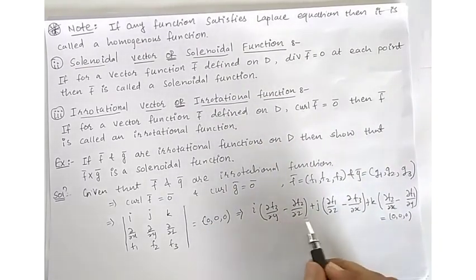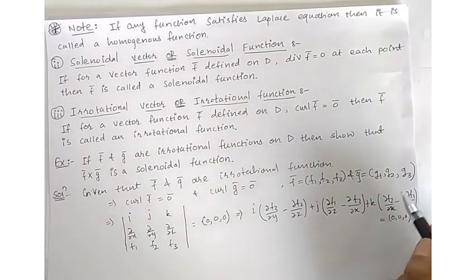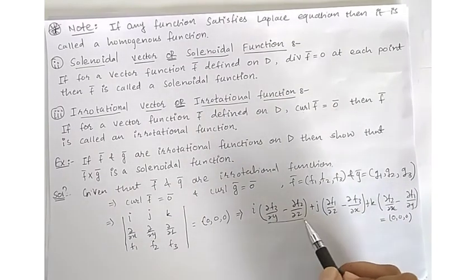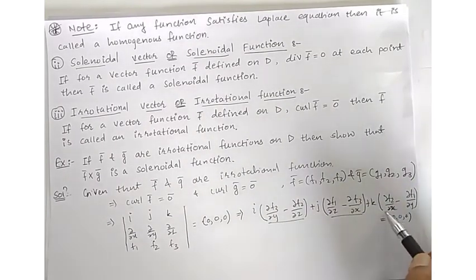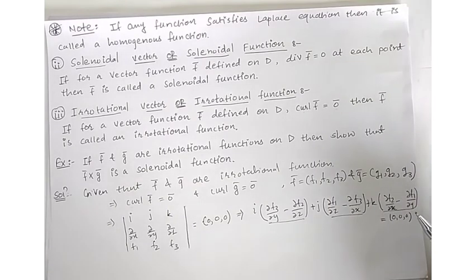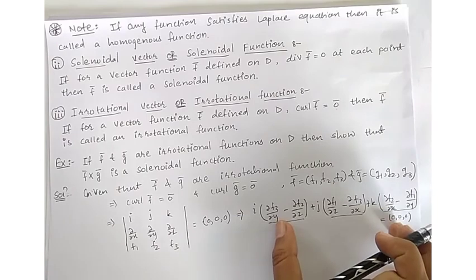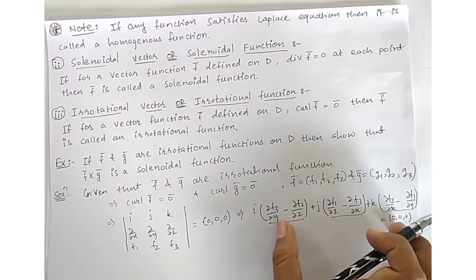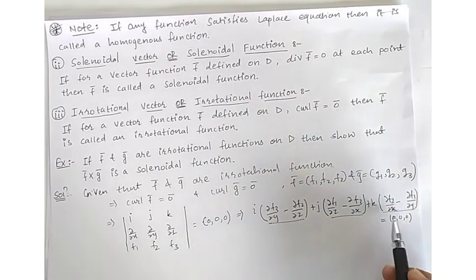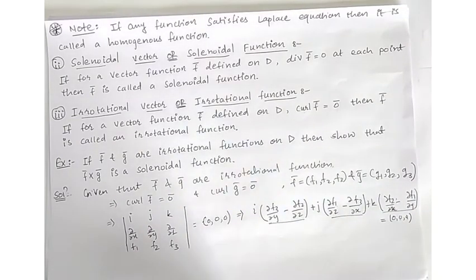You can write it as an ordered triplet, that is first component, second component and third component. When two ordered triplets are the same, the first components are the same, the second components are the same, and the third components are the same.